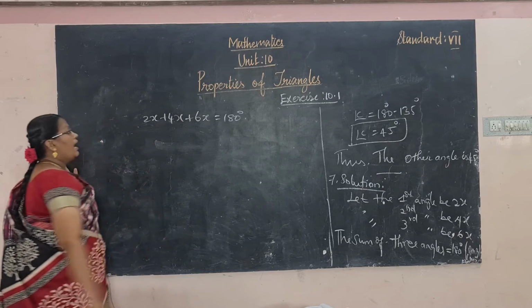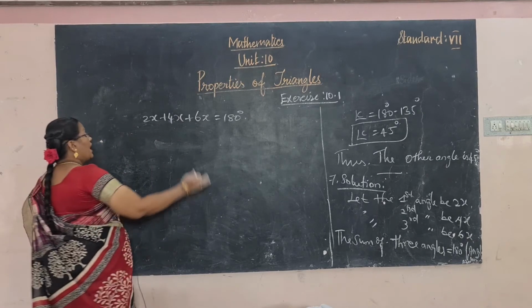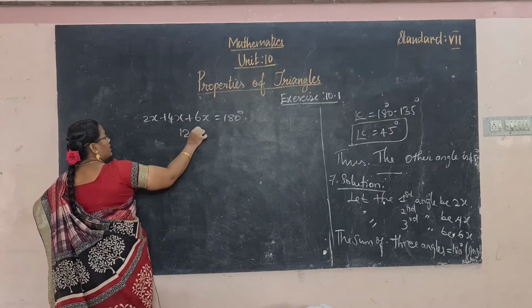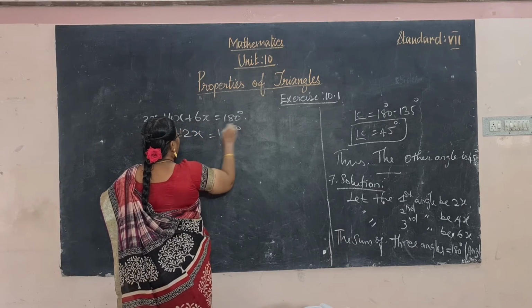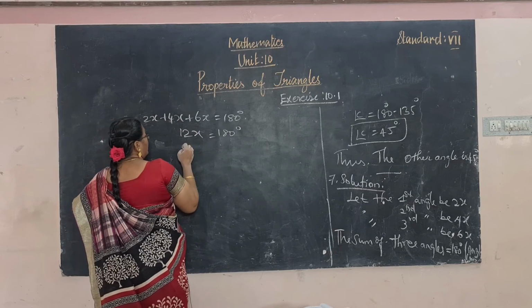These are like variables, so we add them: 6x plus 6x, 12x, equal to 180 degrees.